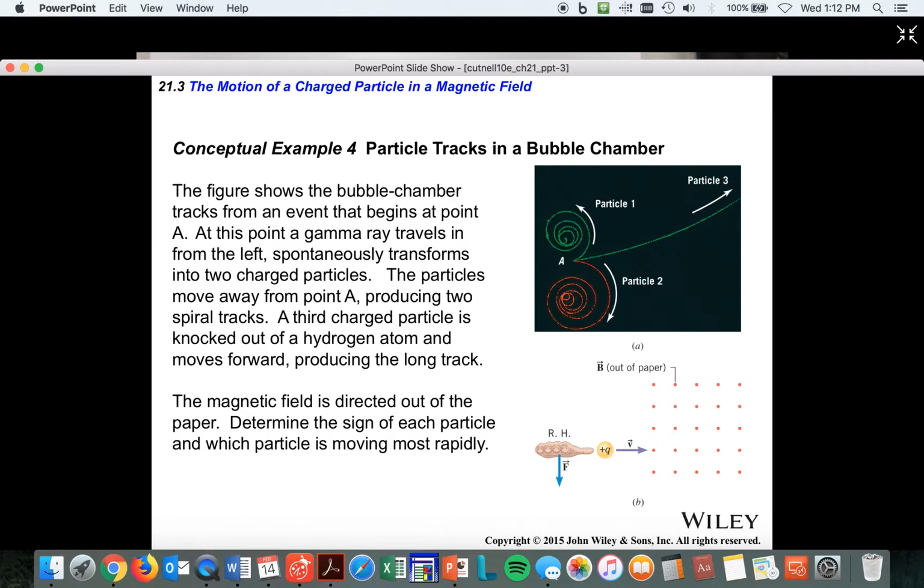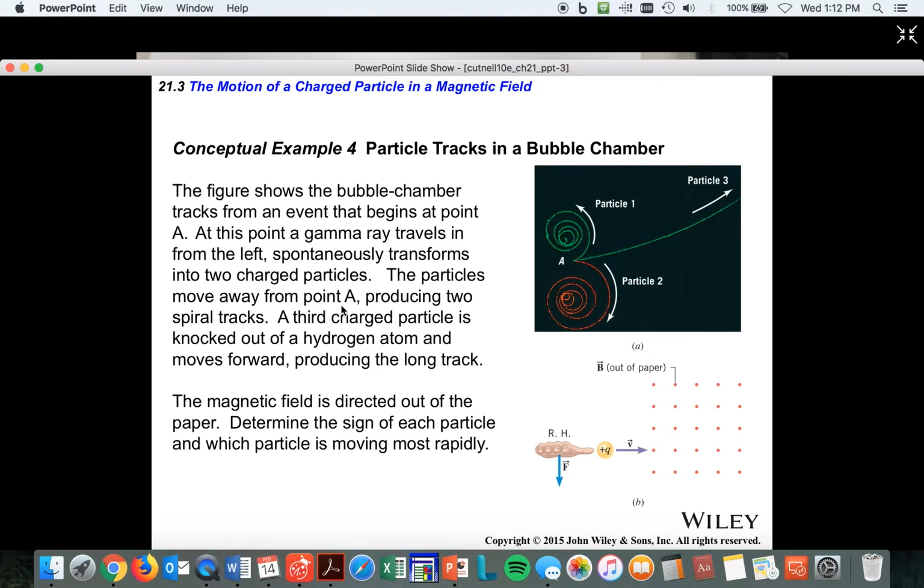So here we go. The figure shows the bubble chamber tracks from an event that begins at a point A. At this point, a gamma ray travels from the left and spontaneously transforms into two charged particles.